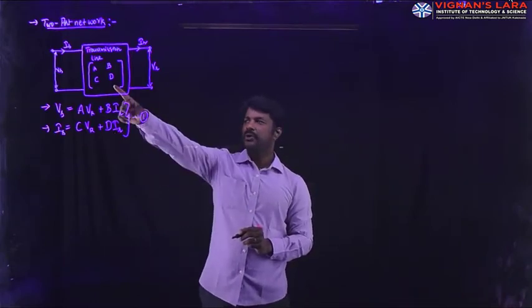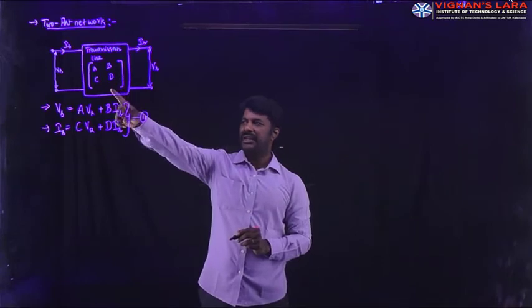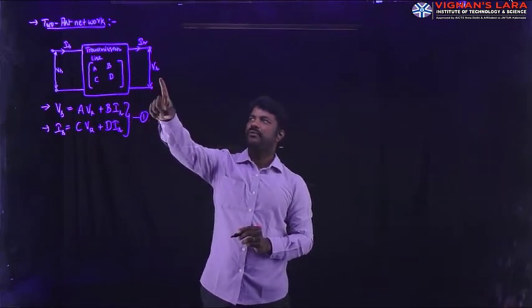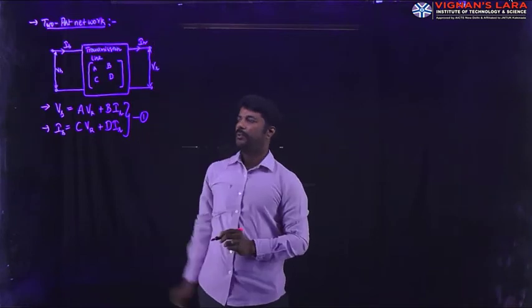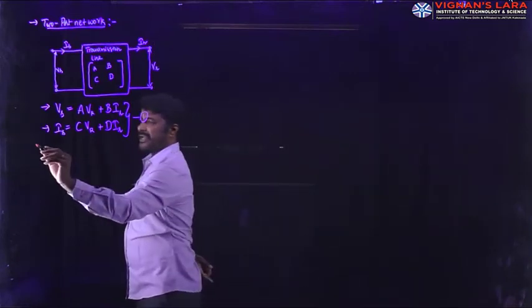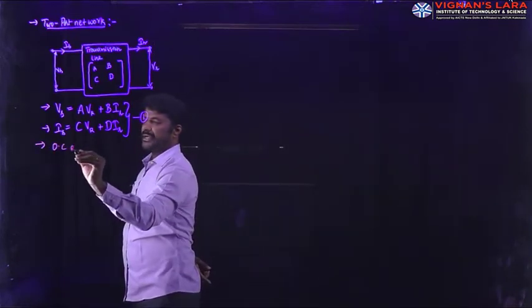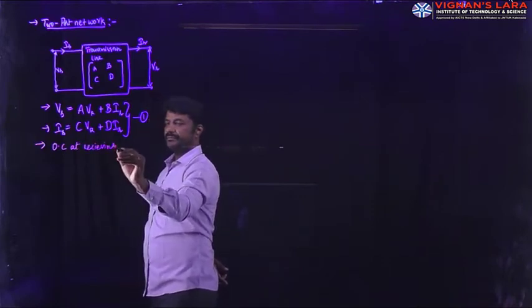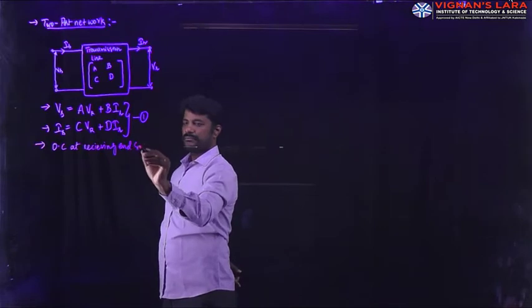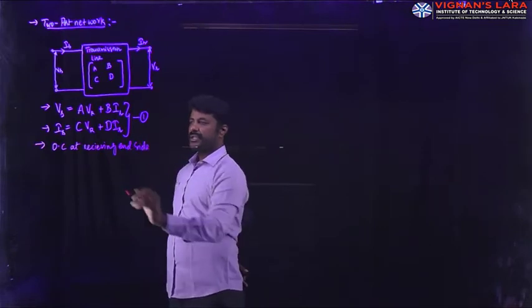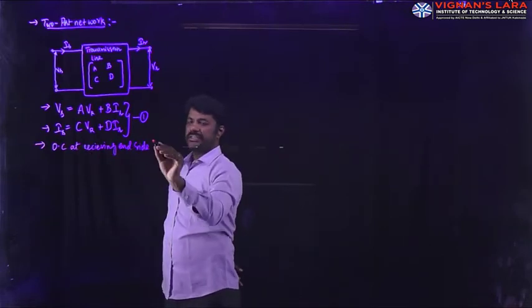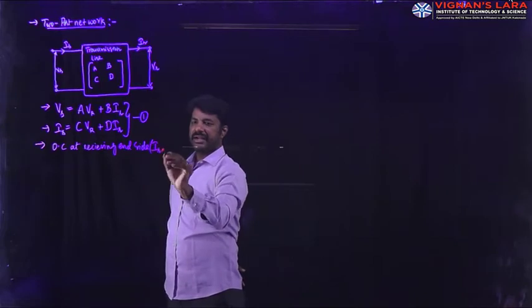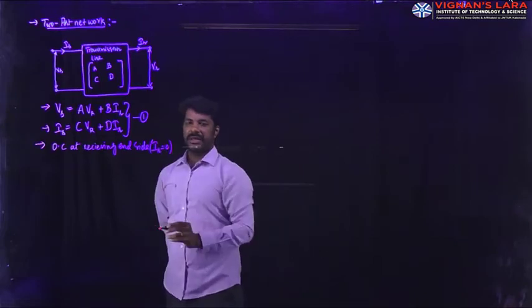So for this two-port network, the transmission line, on the receiving end side, the first step is to make it open circuit. Let me write here: open circuit at receiving end side. If it is open circuited at the receiving end side, the current at that side, IR, will become 0.